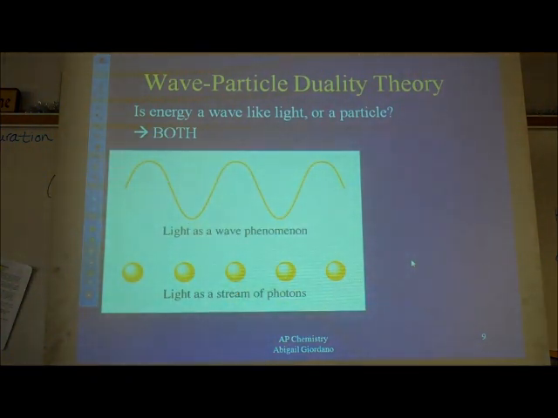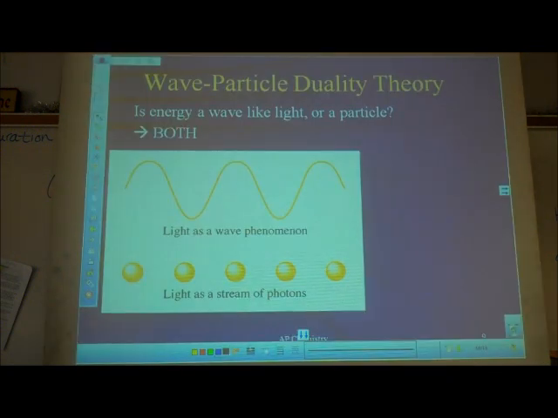Now, this is when I get to use some of my fancy technology. This is a graphic from your textbook. And I'm not crazy about it because I think it gives kind of a misrepresentation. It says light is a wave. Light also has particle aspects.